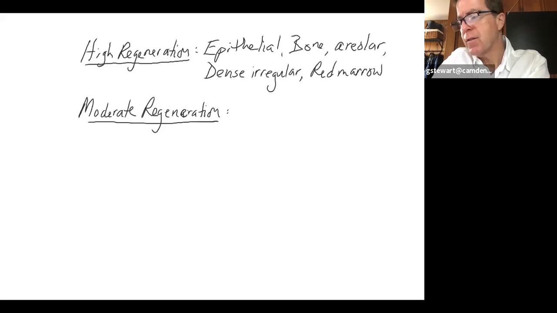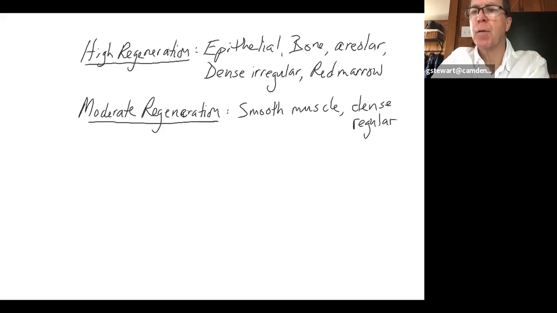I get a lot of secretions in my throat. Smooth muscle is moderately regenerative if we get damage to it. Dense regular connective tissue, which, just to remind you, that's tendons and ligaments in the body. Those have some regenerative capabilities.